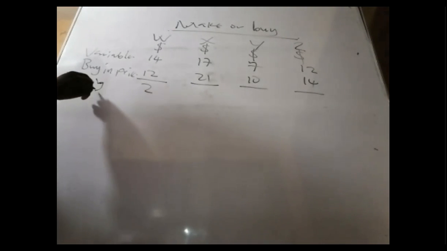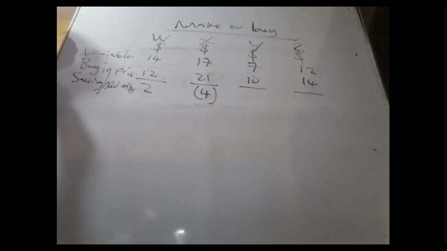Or additional cost when you make. So all the savings are positive. Over here, there's an additional cost of buying of -4.